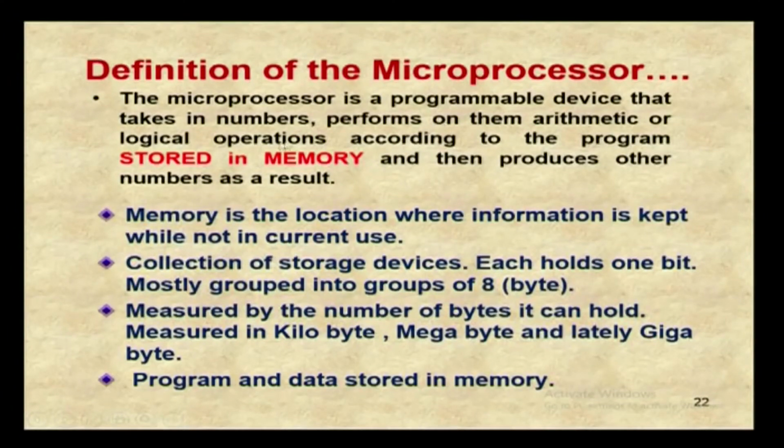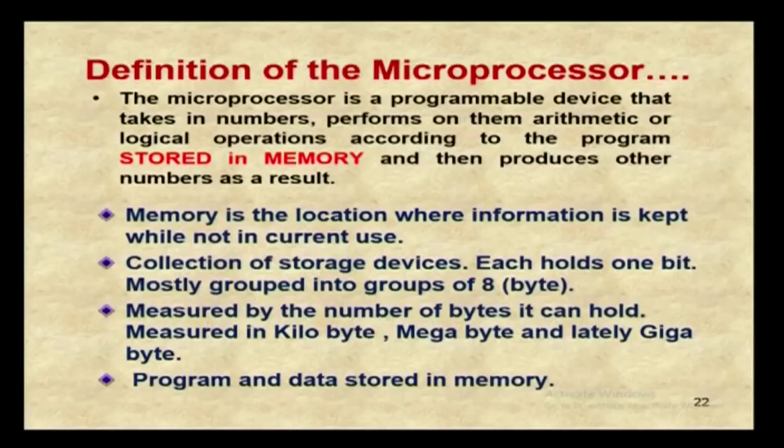Then again, coming to the definition of the microprocessor, it performs according to the program stored in the memory. What is memory? Memory is a location where information is kept while not in use. You have to keep everything ready for the processor, so you need a storage mechanism.